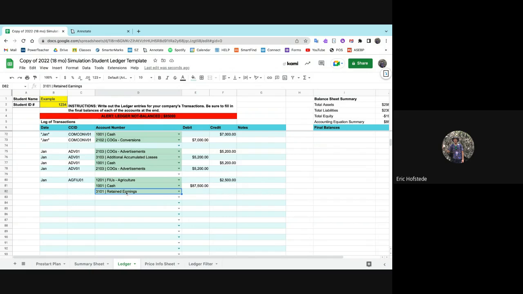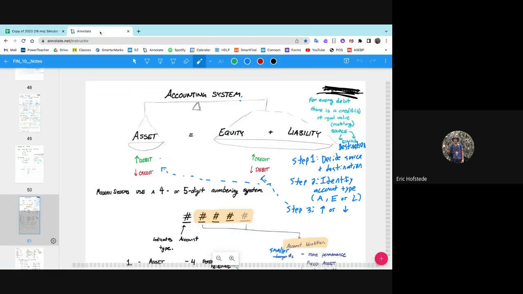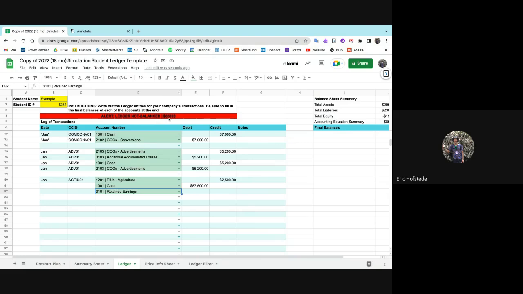And that's really our only positive equity account in this ledger in the simulation. All right, so my net worth actually went up here. So my equity gets credited. And I can see that I actually went up by 85,000 because the book value of what I sold was only 2,500, but I got 87,500.